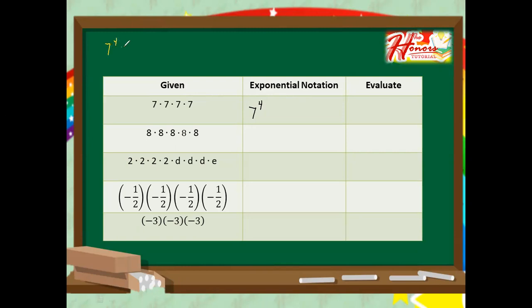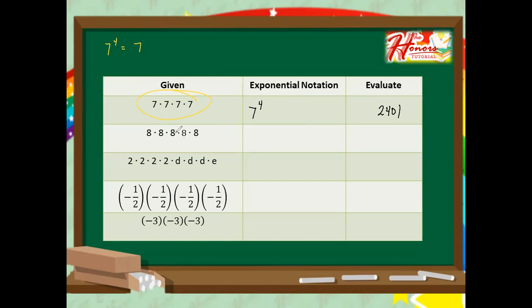Please remember that. It is 7 times 7 times 7 times 7. So 7 times 7, that's 49. Times 7, that's 343. Times 7, that's 2401. So we will write it here, 2401, and that's it.